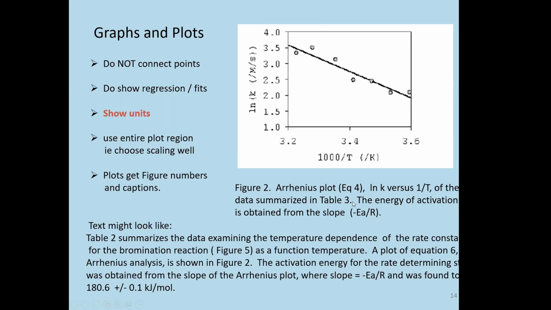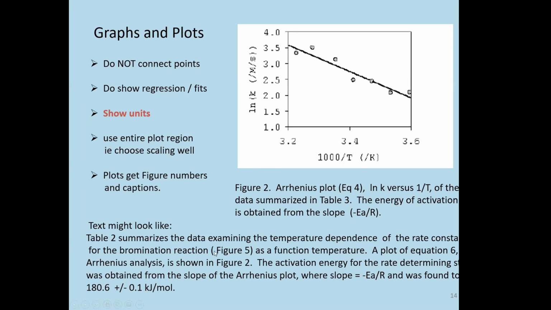So if the readers want to see the exact value of a data point, they can refer to Table 3. And the energy of activation is obtained from the slope. That also gives some information on how to get the activation energy just based on that plot.